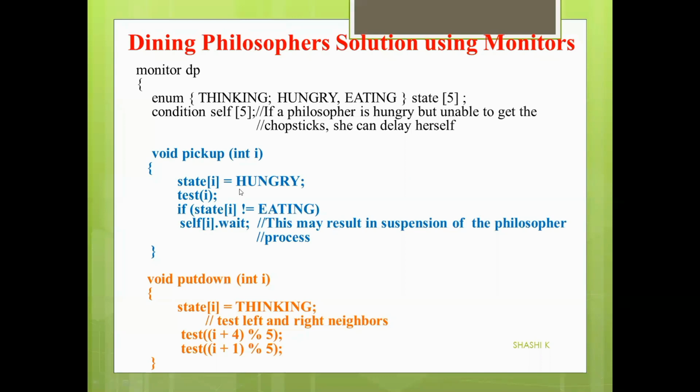We have 5 chopsticks, so it is declared as an array. We have 5 philosophers and 5 chopsticks, so the array has been initialized to 5. The concept is very simple.